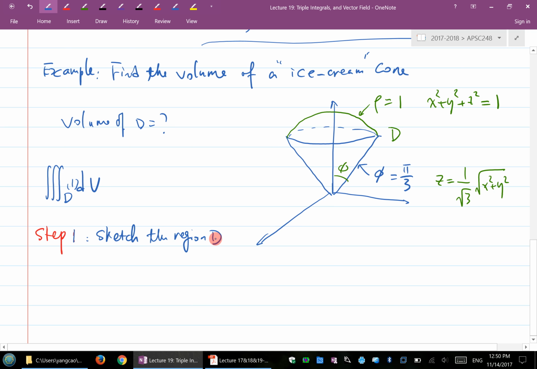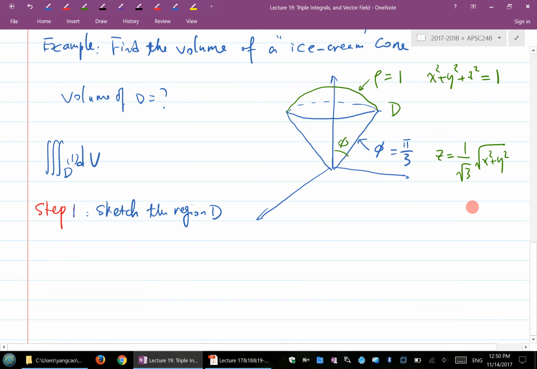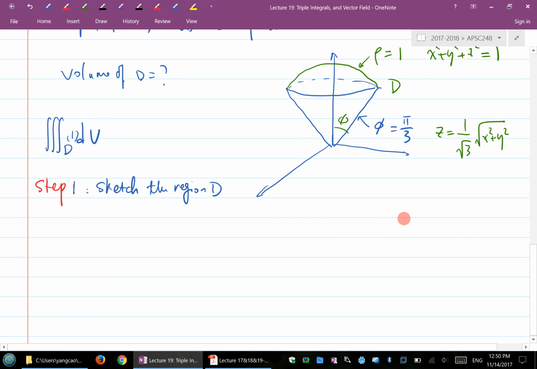Maybe the question just gave you a description saying it's an ice cream cone sandwiched by rho equal to 1 and phi equal to pi over 3. So you still need to be able to sketch this out. Once we sketch out the region D, step number 2 is you need to draw the shadow of this region D in the XY plane.